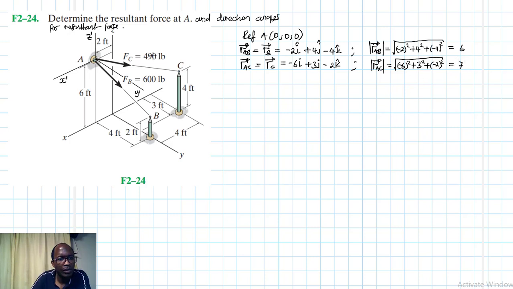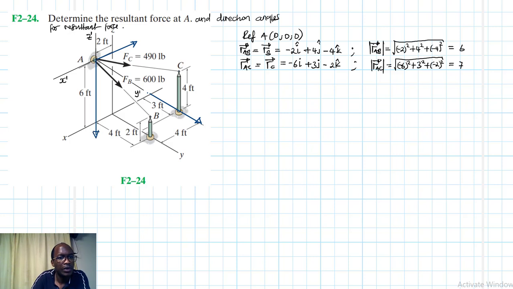Right. Let's write down the components. So we'll have a component in this direction, and then we'll have another component in this direction, the y, and we'll have another component in this direction.